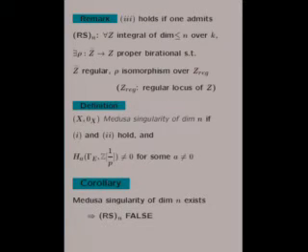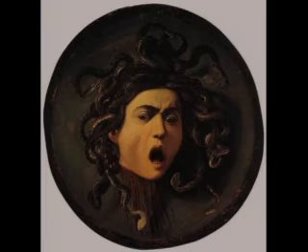Because this Medusa singularity freezes the singularities along the boundary, so that this singularity as a boundary cannot be resolved anymore. So this reminds me of this figure from Greek mythology, where gazing upon her turns the onlooker to stone.